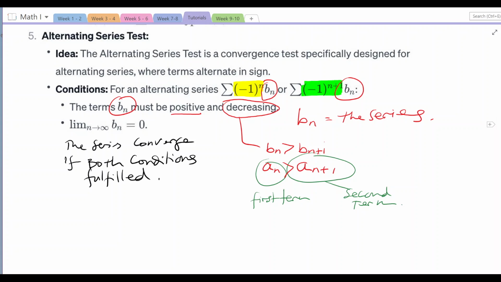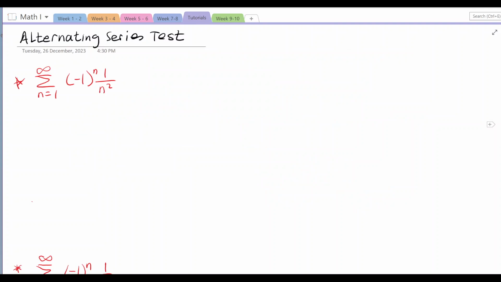Okay, let's take a look at some examples. So we have negative 1 raised to the power of n times 1 over n squared. Just like what I mentioned before, we ignore the factor that makes the sign alternating.